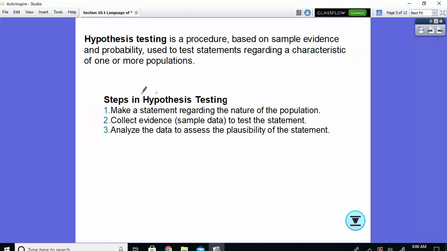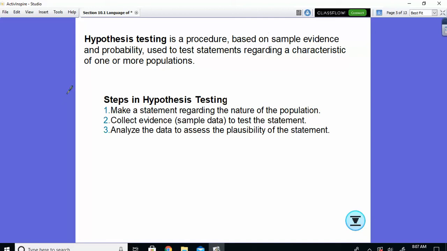So to do that, we are going to do hypothesis testing. This is a procedure based on sample evidence and probability. So I don't have the data for the population. I'll be looking at my sample, used to test statements regarding a characteristic of one or more populations. So we're going to take data from our sample to test some hypothesis about the whole population.